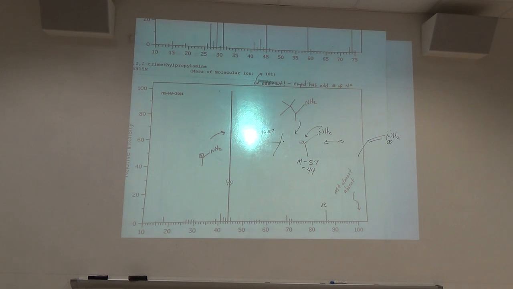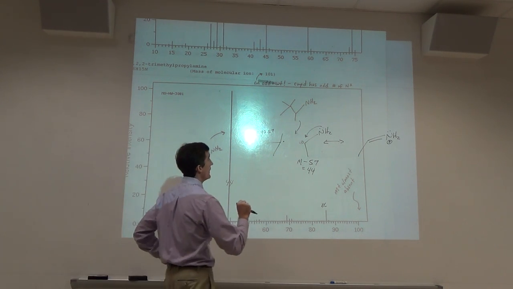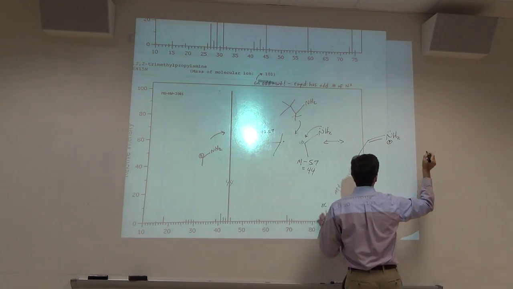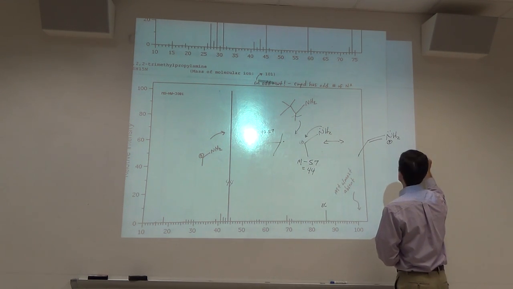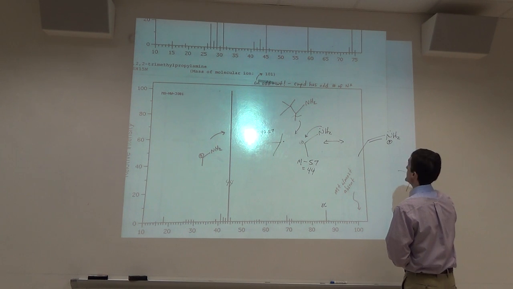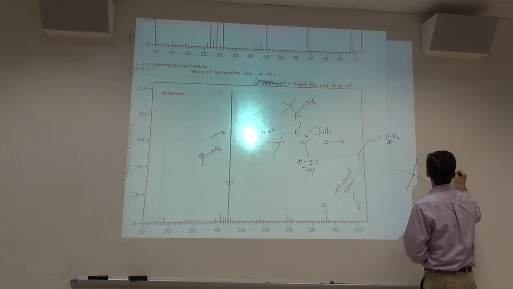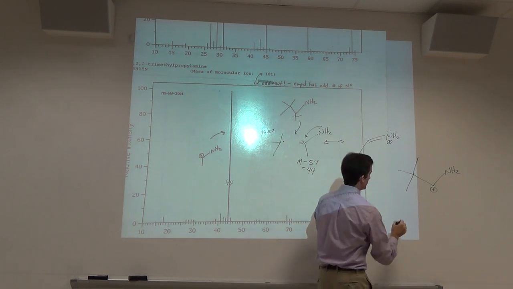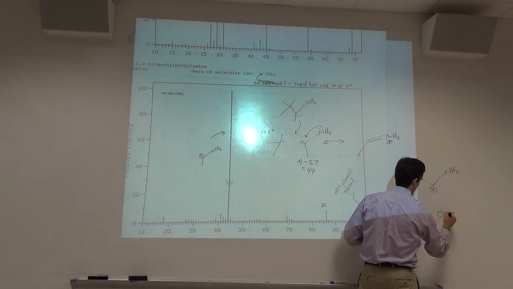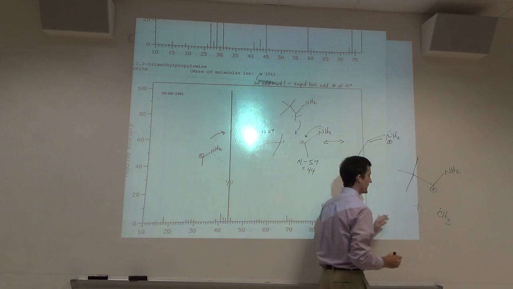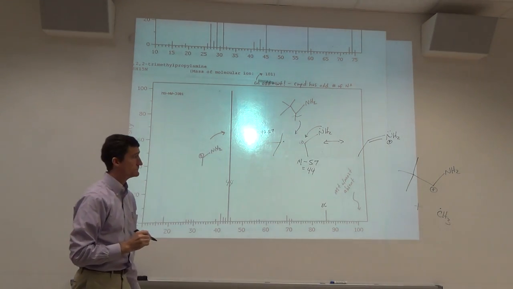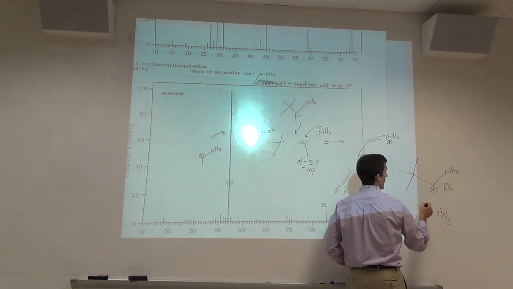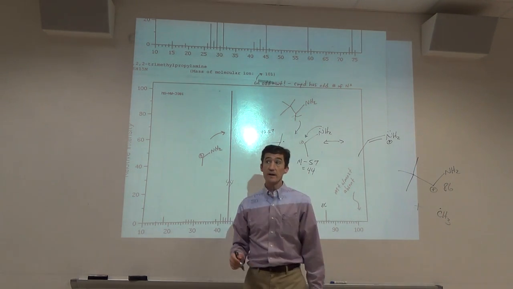I actually see two that could have been proposed. If we cleave here, what do we get? I'll draw it over here. We get that cation plus what? It's the CH3 radical. And the mass of this would be 86, yeah? That's another example of alpha cleavage.